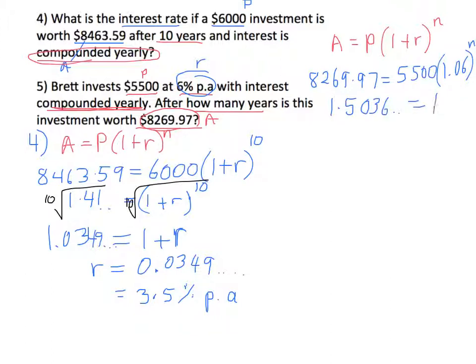So that's going to equal 1.06 to the power of N. And seeing as we have done the topic on exponentials and logs, you know how to solve these types of equations. We are going to take the log of both sides.